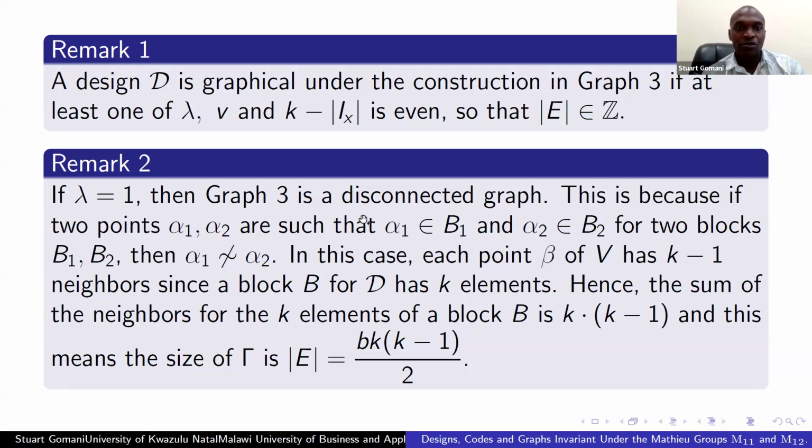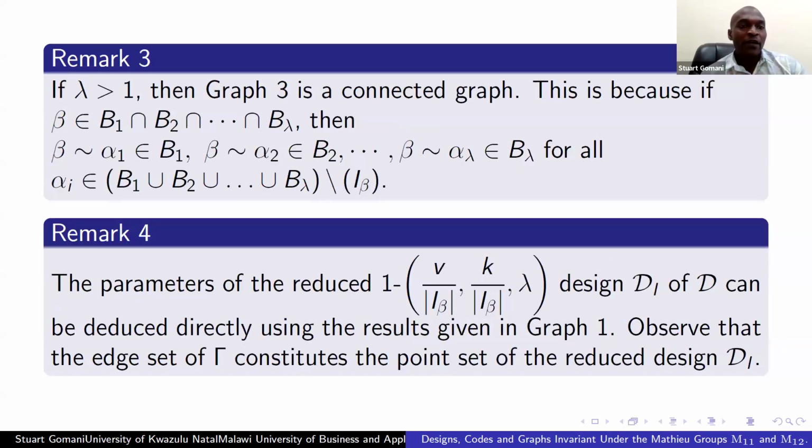So the parameters of this disconnected graph come out different from graph 3. However, if lambda is greater than 1, then graph 3 is actually a connected graph. Obviously, because if you have got a vertex which is in the intersection of lambda blocks, then another vertex that is in the union of those lambda blocks, when you exclude the intersection, becomes adjacent to that vertex. So it is a connected graph.